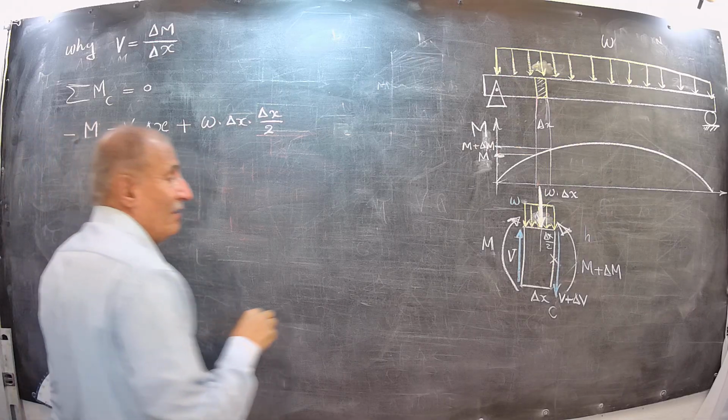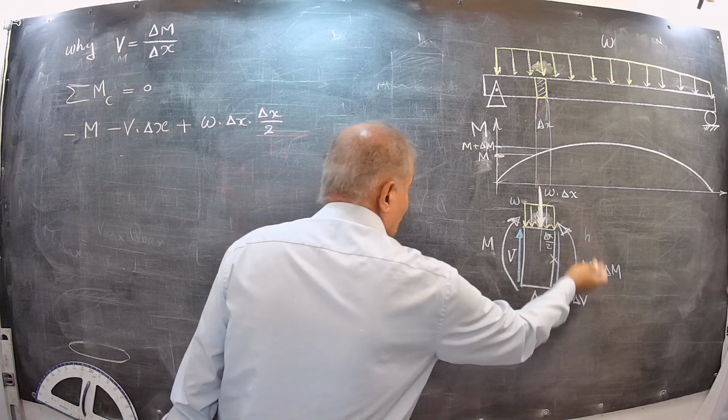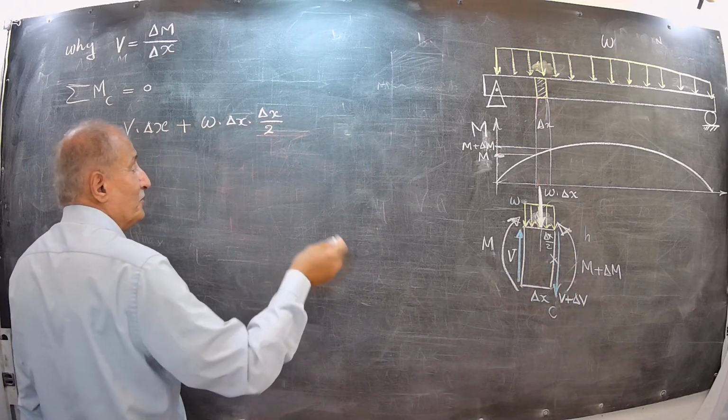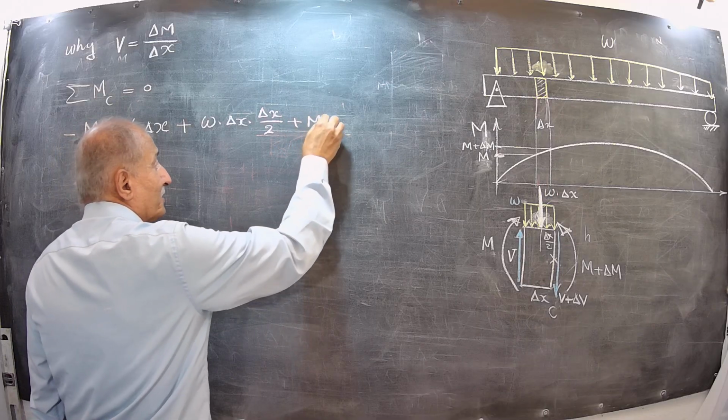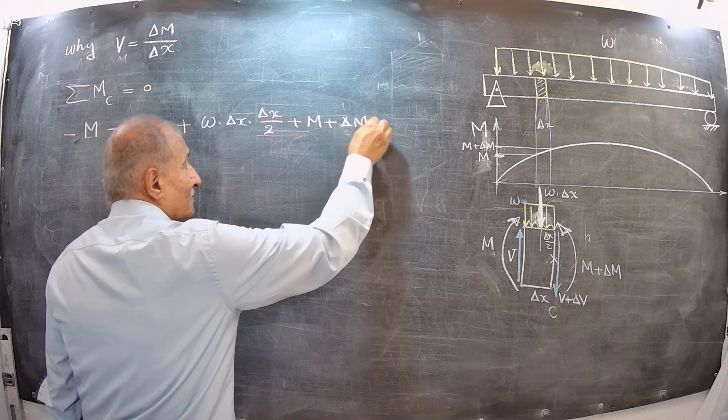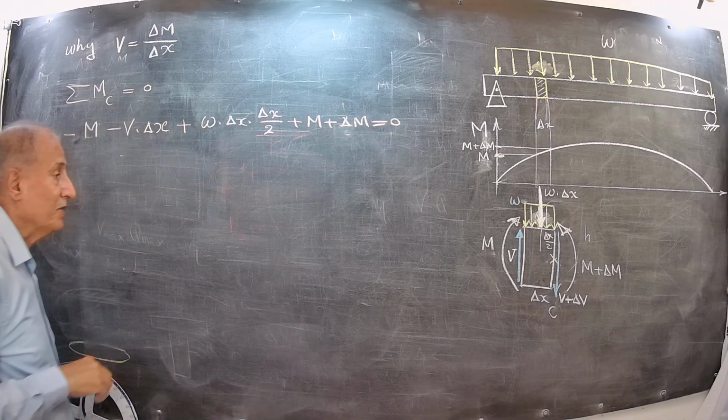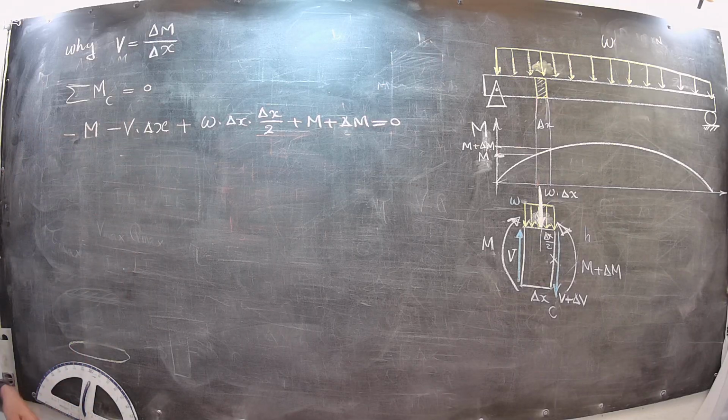And what else do we have here? We have a moment M plus delta M, which is counterclockwise, positive, equal to 0. Then we can spell out our loading conditions that produce bending moment, and then we simplify that.